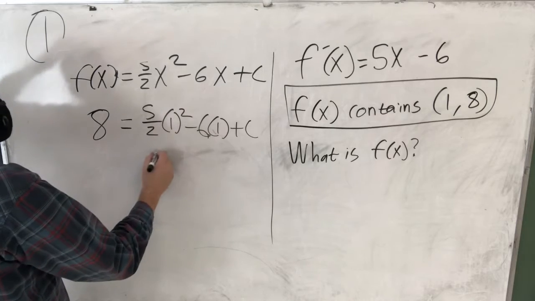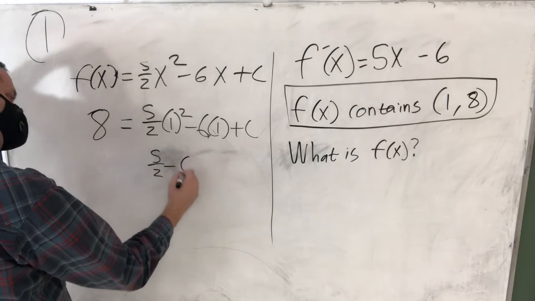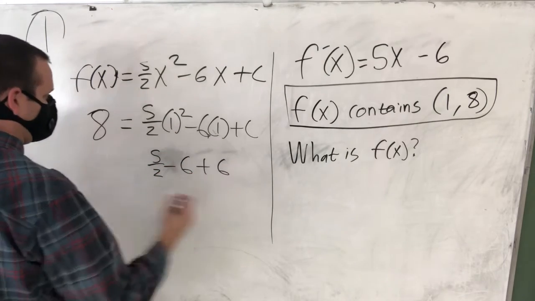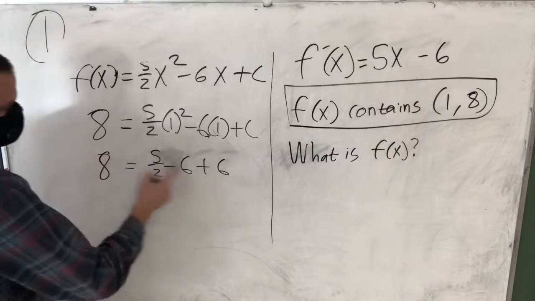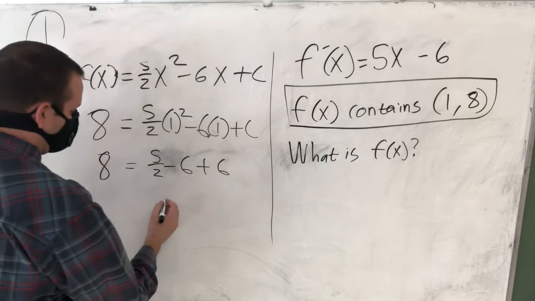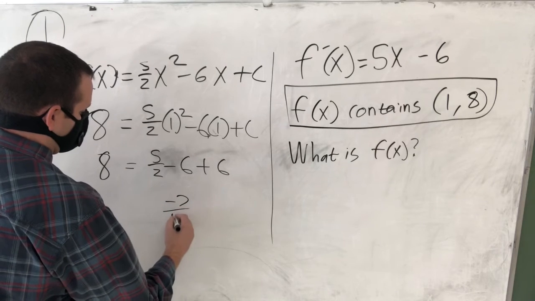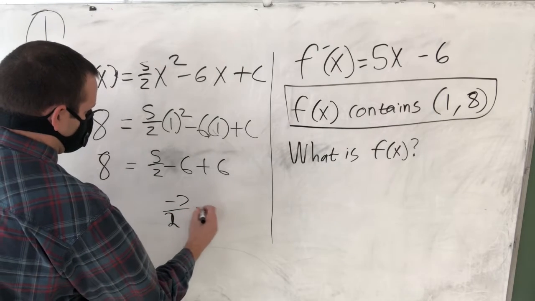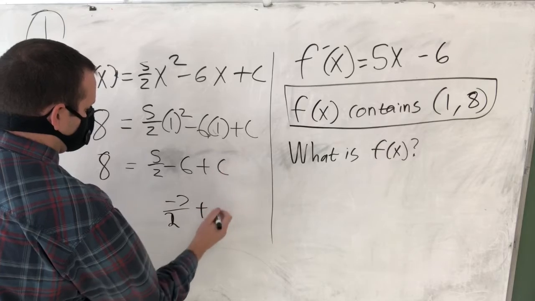1 squared is 1, so what's 5 halves minus 6 plus c? 5 halves minus 6, well this is 12 halves. What's 5 minus 12? It is negative 7 halves plus c.